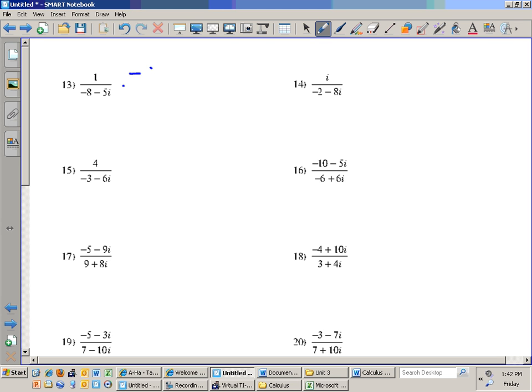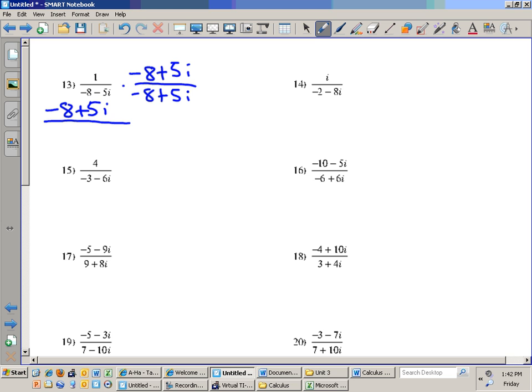So we have a -8 plus 5i over a -8 plus 5i. That's the conjugate. It's the same as the bottom. I've just changed the minus sign to a plus sign. That will accomplish what we need to do. What's going to be in the numerator? -8 plus 5i.